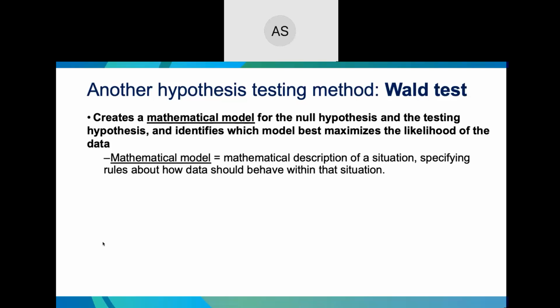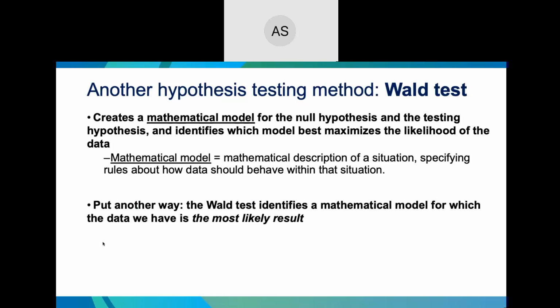So given these mathematical models with rules about how the data would look if the null hypothesis were true or if the testing hypothesis were true, the Wald test takes a look at the data and says, okay, the data is the most likely result for this mathematical model. The mathematical model fits the data better.